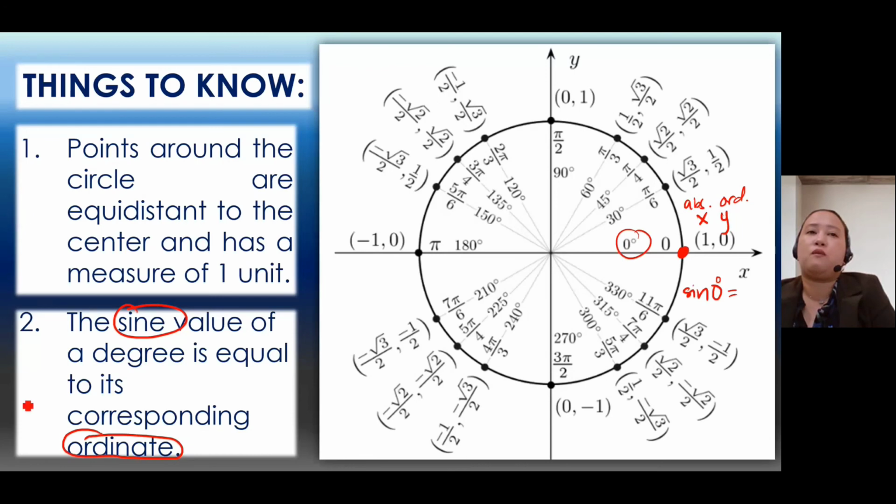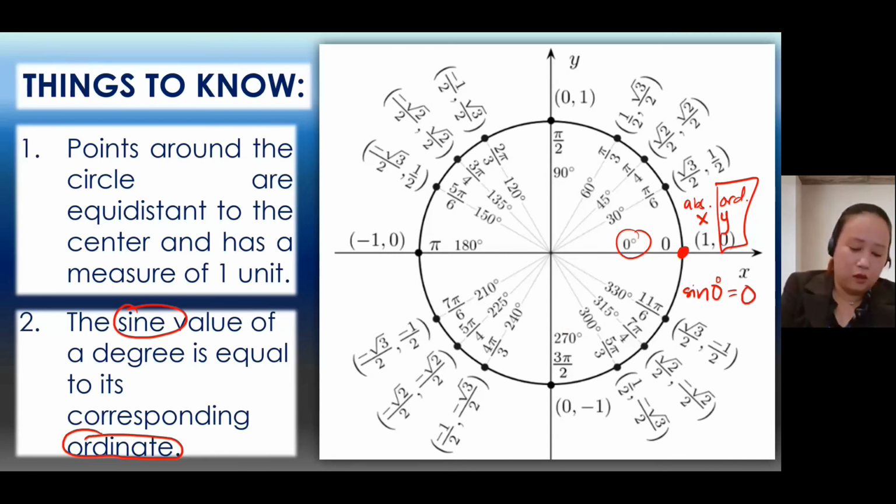So in the things to know number 2, the sine value of the said angle is equivalent to the ordinate. So it means that you're just gonna copy the ordinate here. So sine 0 degrees is 0. Okay, you can try to check it on your calcu. So you input sine 0 equals 0.